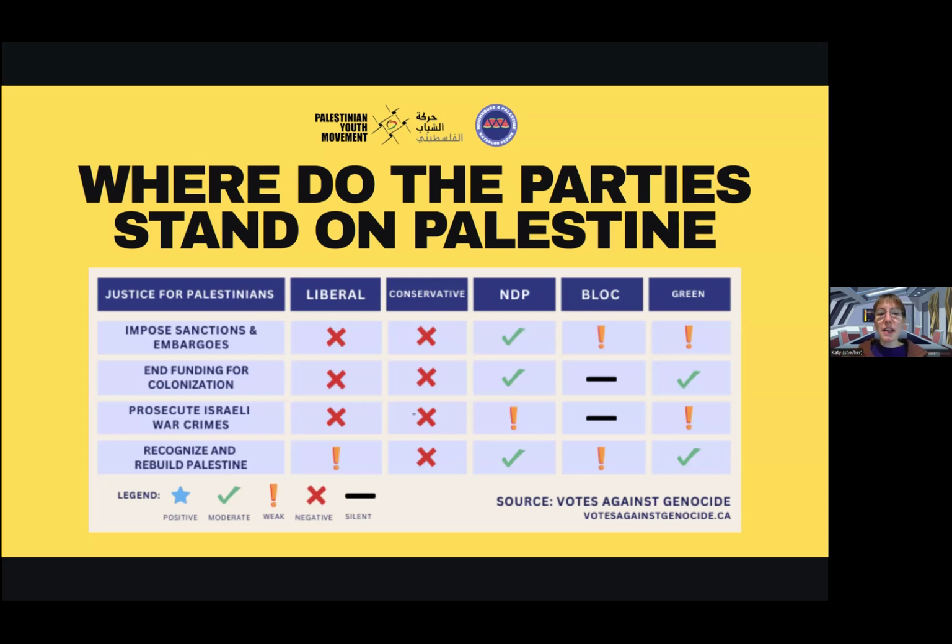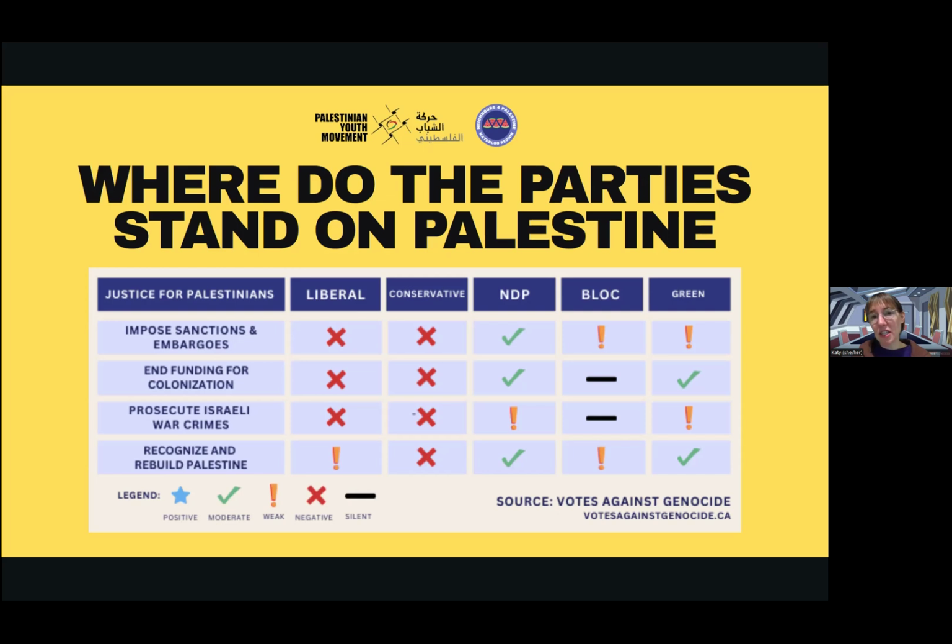The red X indicates negative actions or things that are actively harmful for Palestine. The exclamation point indicates weak actions, and these are limited in their ability to affect change, or sometimes they might be taken up for optics, or it doesn't seem like the party or the candidate is really standing behind the issues.